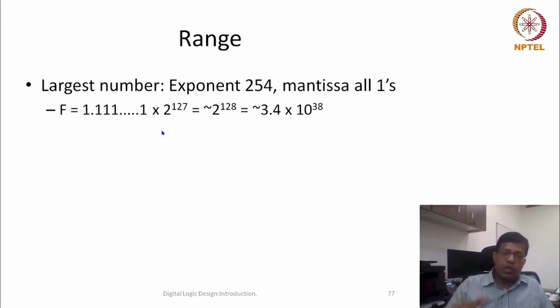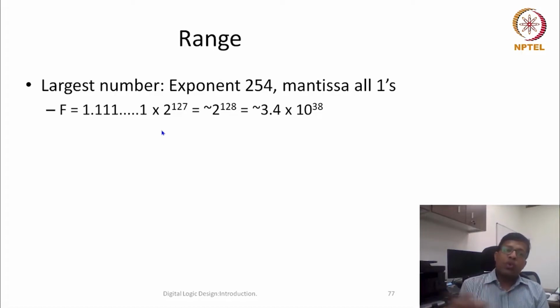Now the largest exponent is 254, and if I want to write the maximum number, certainly the exponent has to be the largest, that is 254. And what about the mantissa? If all bits are 1, that would represent the highest number.